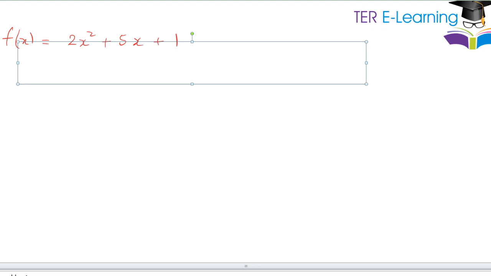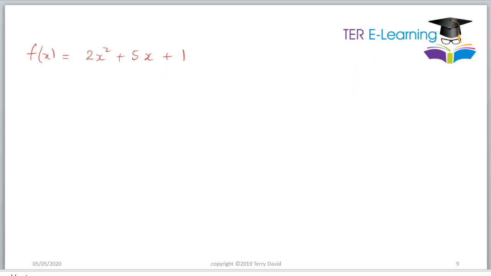So let's make sure you understand this. If I have f of x is equal to, let's say, 2x squared plus 5x plus 1, I want somebody to tell me what is the coefficient of x squared.